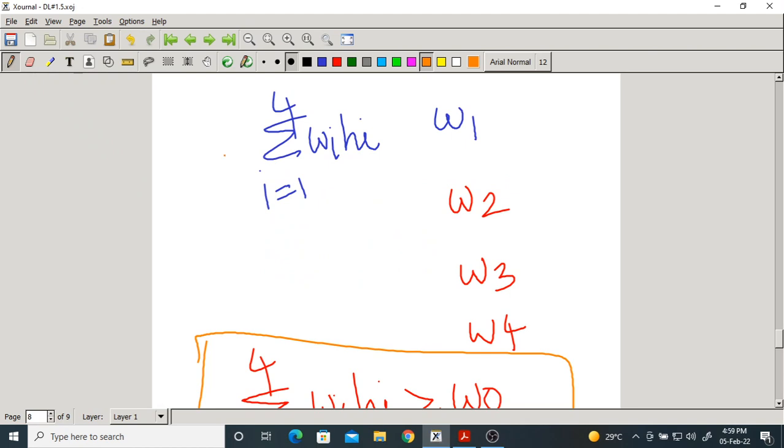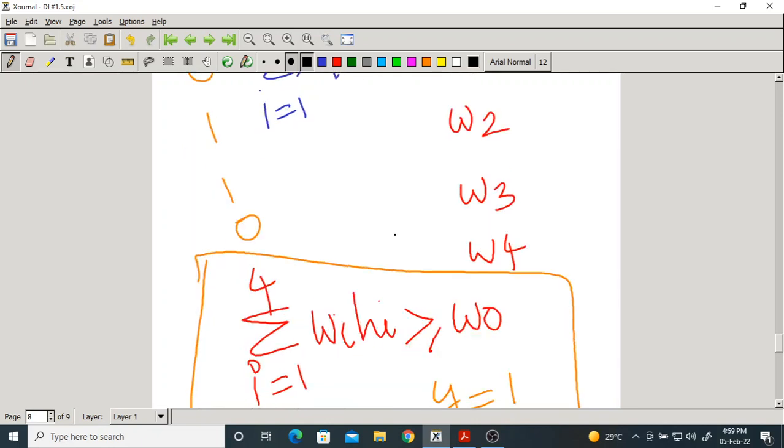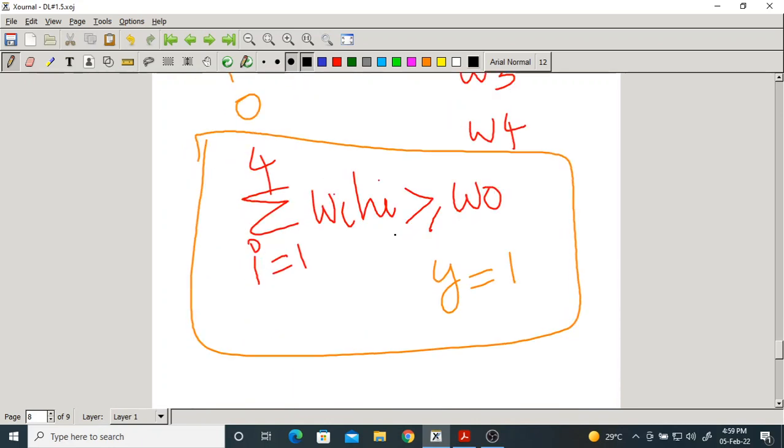Here the output should be 0, here 1, 1, 0. Is it okay? For the output to be 0, the weighted sum should be less than W0.